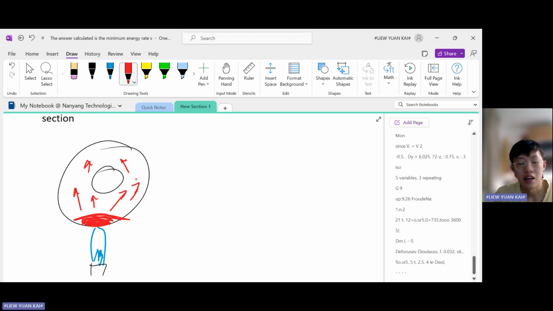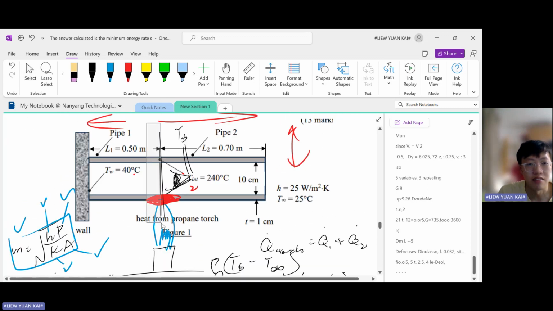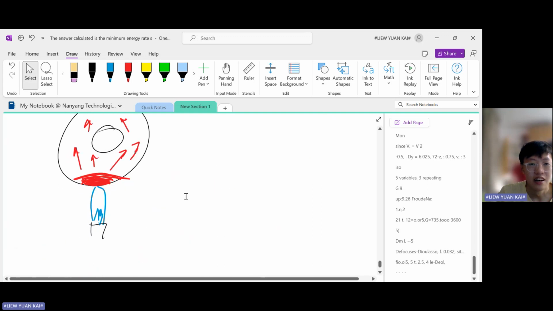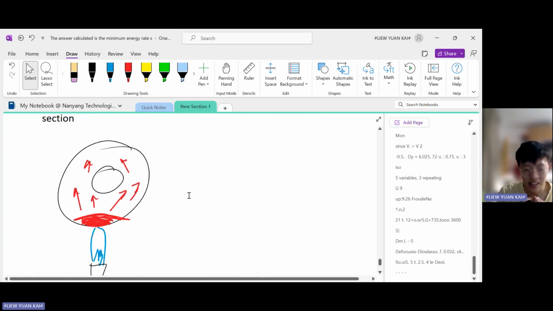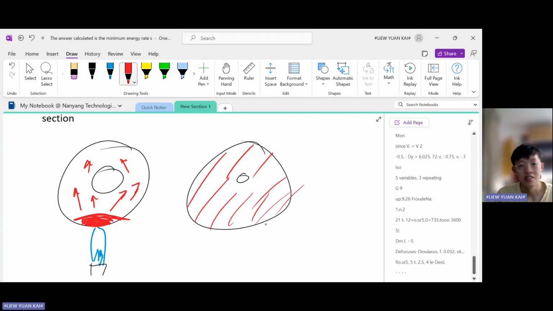But how we model the heat to enter is that once it enters that pipe cross-section, at the place where I cut it, at this interface, how I assume the energy to enter is like this. So once it enters, immediately it'll be uniformly distributed throughout the cross-section area.